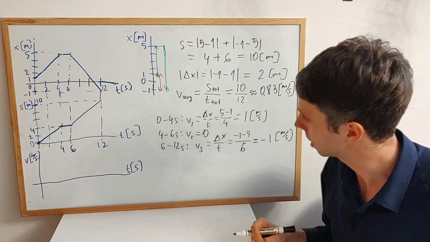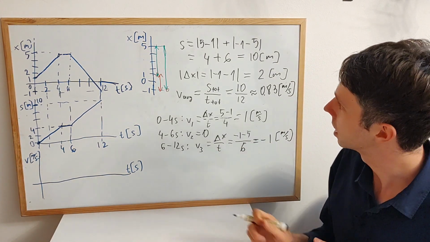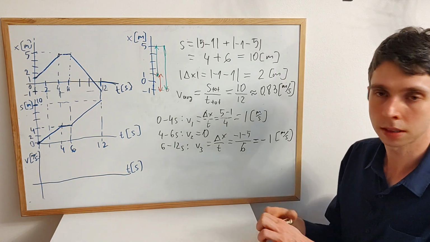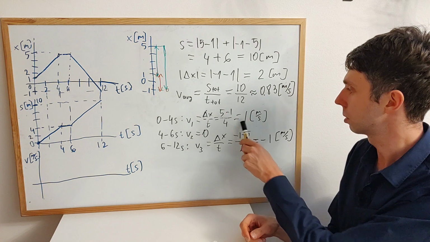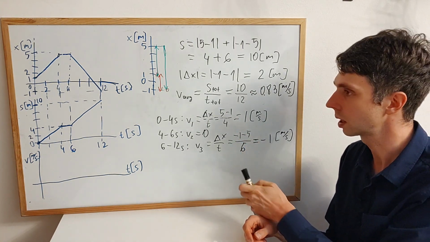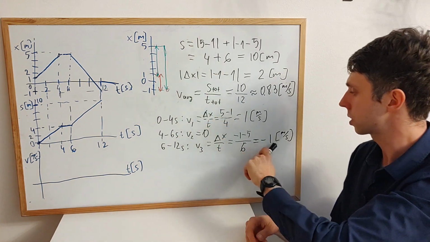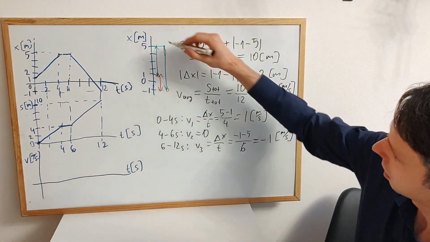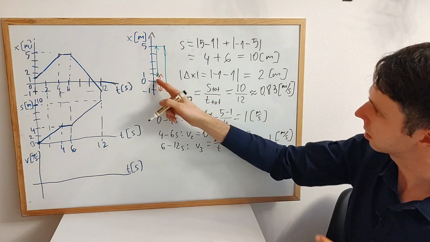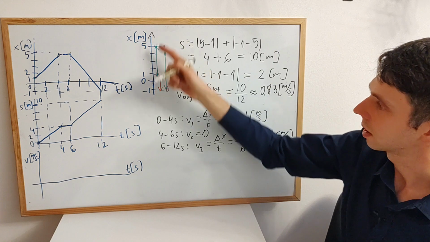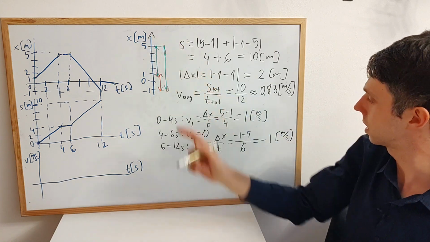What the hell, -1 speed? That's big. So this minus tells you that you are going in the opposite direction. Here is positive speed, which means this direction, minus means that direction. So you see that the x values grow in this direction.